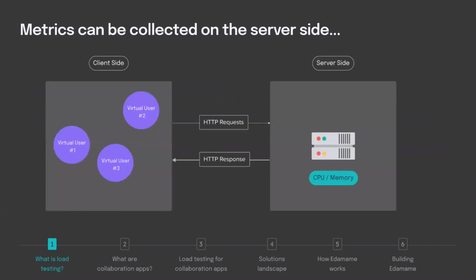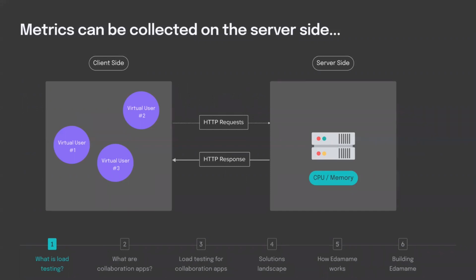So what do meaningful metrics look like? Well, there are two main types of data that provide insight into how a system is performing under load, and that's client-side data and server-side data. We'll start by looking at server-side data. Server-side data tracks things like CPU and memory of the backend servers.